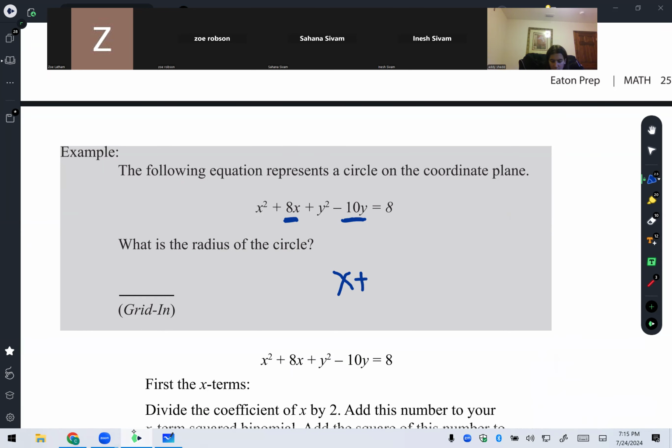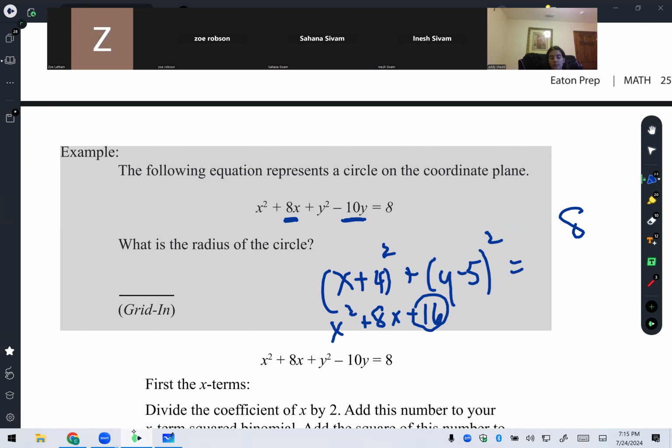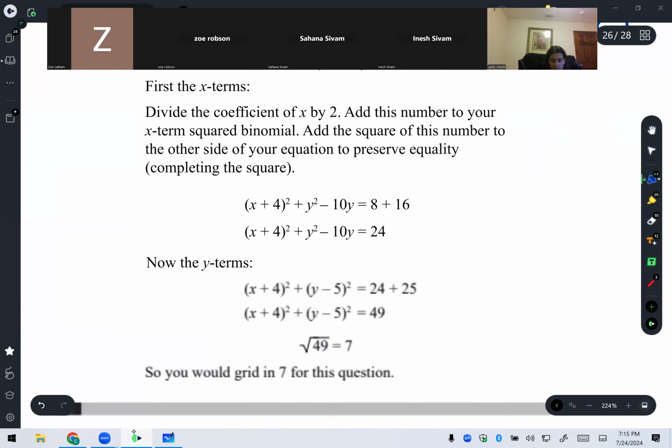So this will be x plus 4. Here I had to add a 16, so I'll have to add a 16 over here. Here I'll have to add a 25, so I'll have to do that over here. And like Jim said, they're almost always going to be perfect squares. So our radius will be 7.